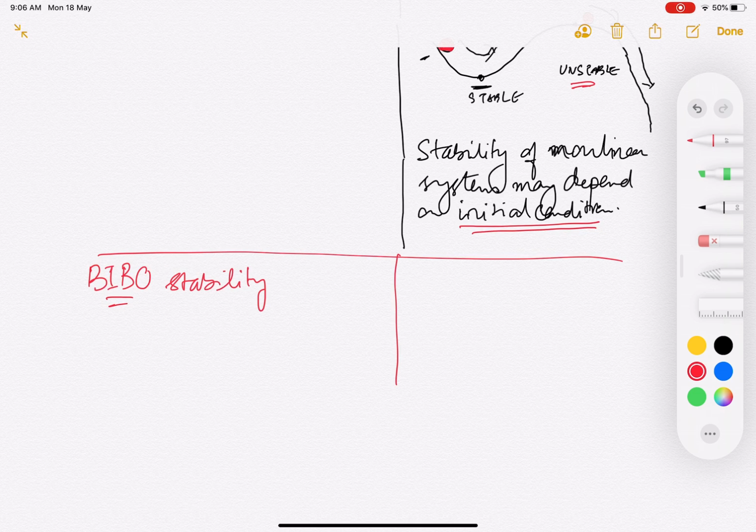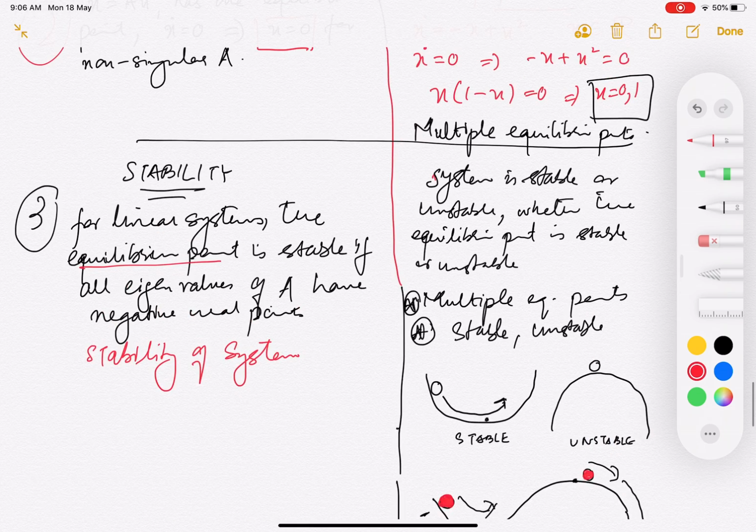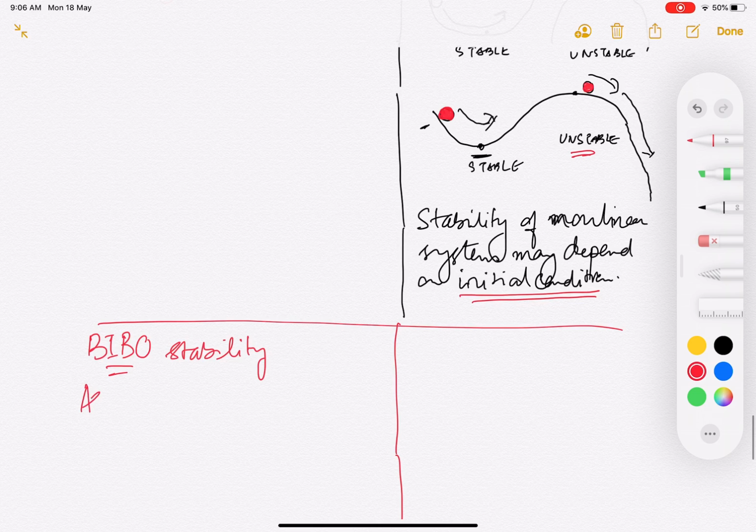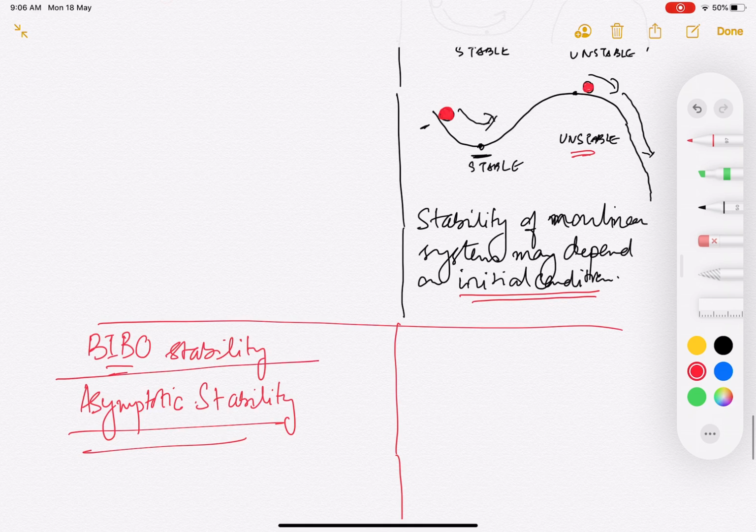It's not the more general definition of stability, but a particular class of stability. And the stability in general, when you talk about negative eigenvalues, is called asymptotic stability. So for a linear system, if the eigenvalues are negative, it implies that the system is asymptotically stable, right? This is a more general understanding of stability: asymptotic stability.